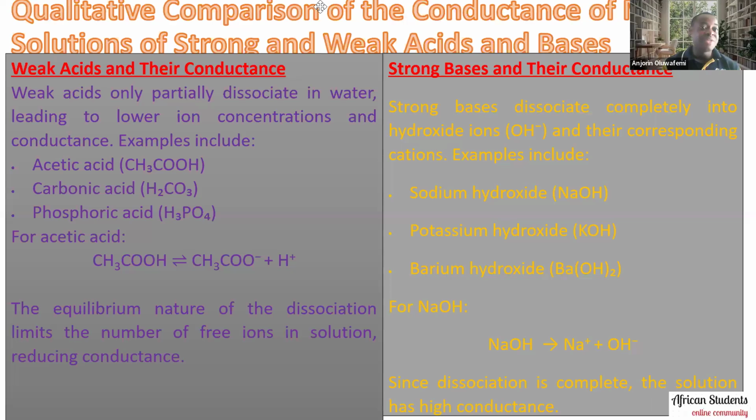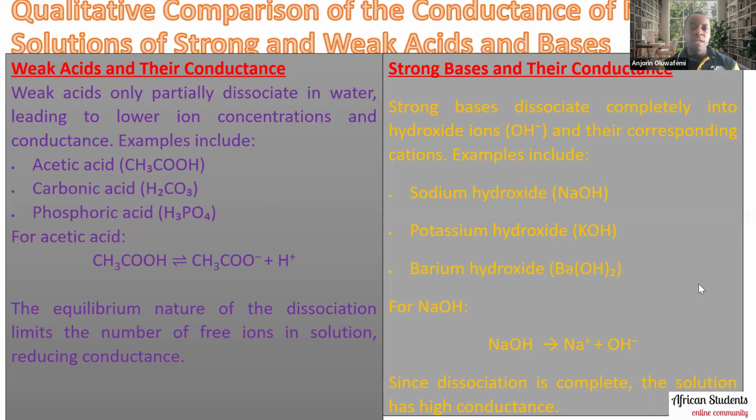Now, because the dissociation is complete, the solution has high conductance. So the conductance for strong bases is high also. So let's take note of that. Very, very important that we understand this. Very, very important.